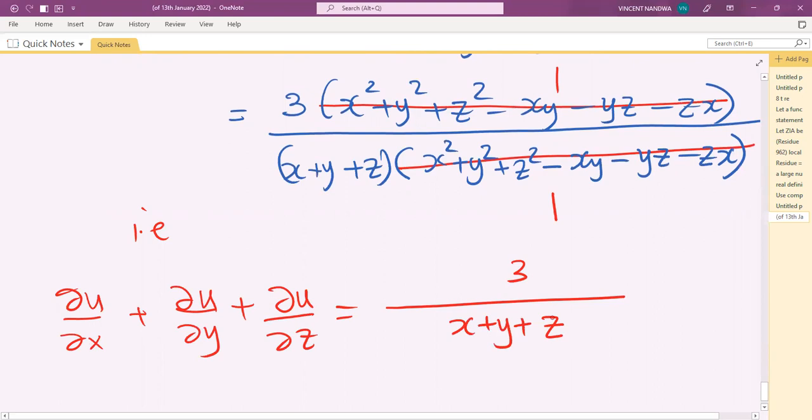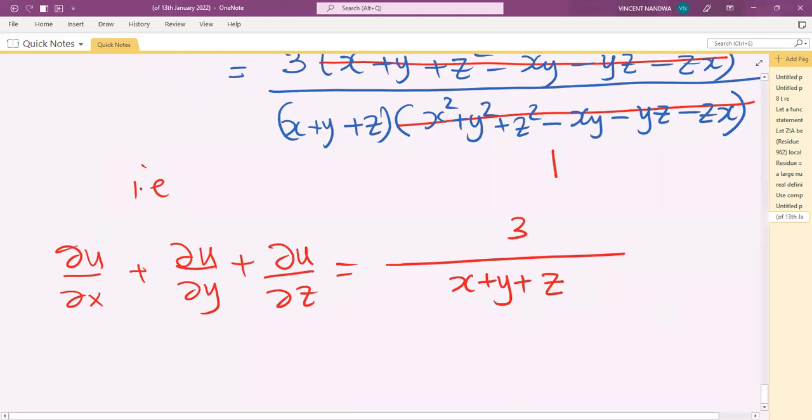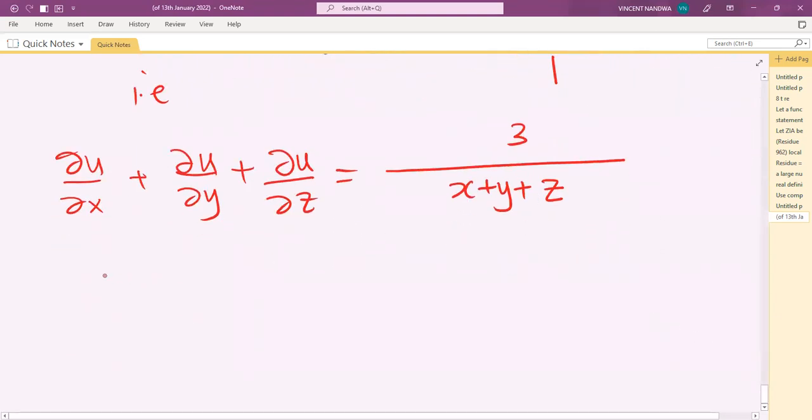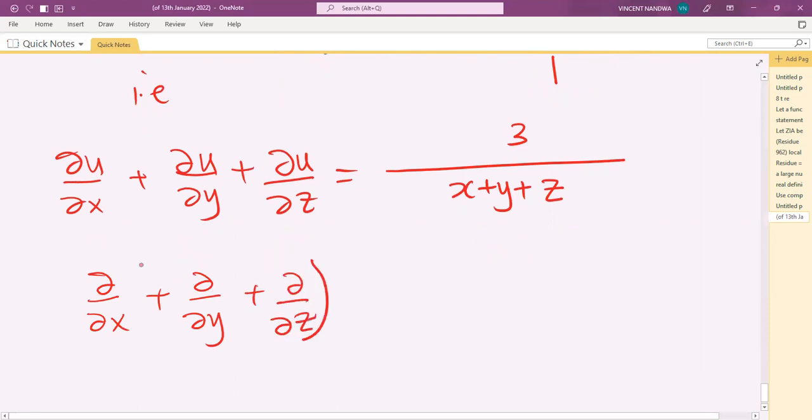So that was the first thing to note. And you see, this sum can be written as partial x plus partial y plus partial z, and then this is subjected to u is equal to 3 over x plus y plus z.